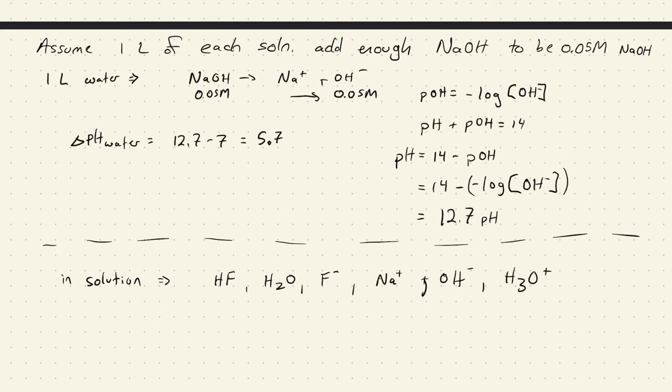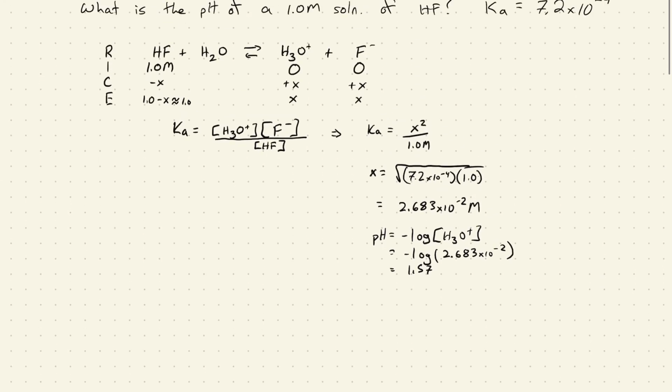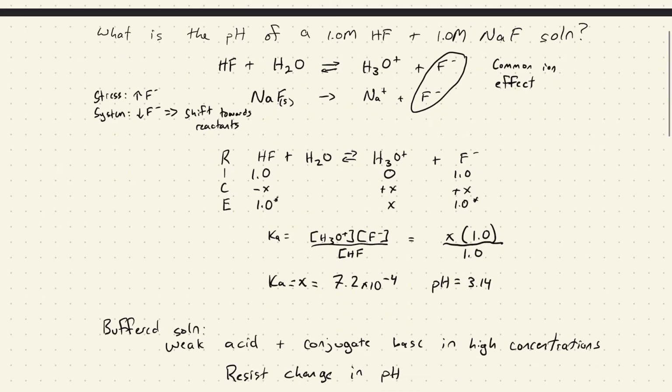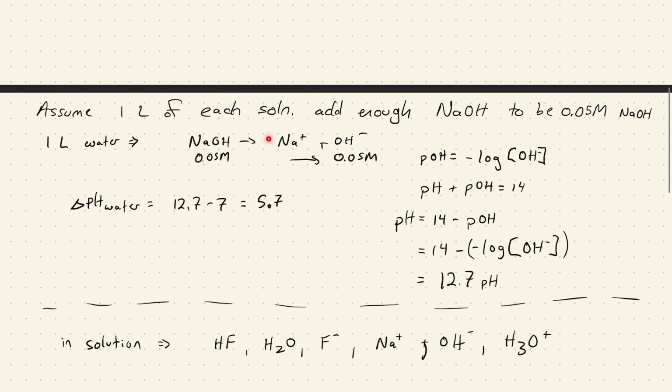So I'm getting this from, if we go way back up here, right, we look at our equilibrium. Here is what is present at equilibrium if you have just a solution of hydrofluoric acid. So there's what we have, and then we add sodium hydroxide to it, and sodium hydroxide dissociates completely into sodium ion and hydroxide ion.